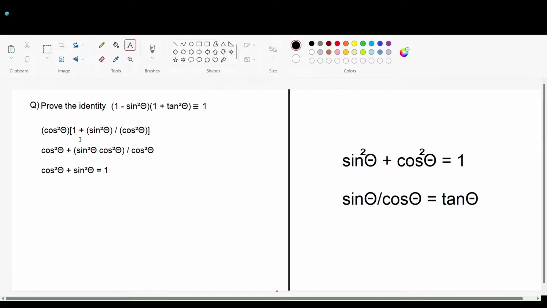And then we simplify it by multiplying the cos squared theta, this term, with 1, and also with the second term, sine squared theta divided by cos squared theta. And this would be our final equation, after which cos squared theta and cos squared theta would get cancelled. So cos squared theta plus sine squared theta is equal to 1, hence proved.